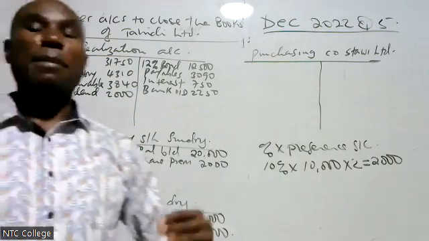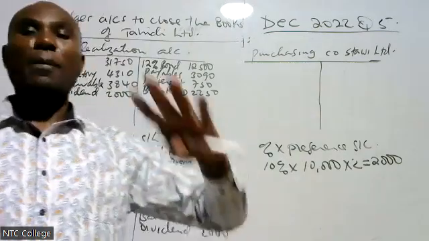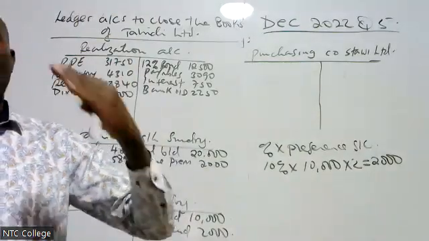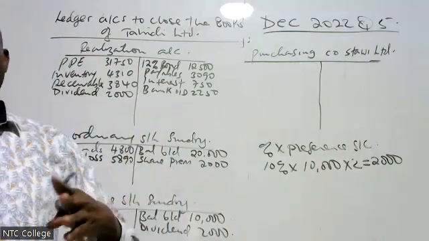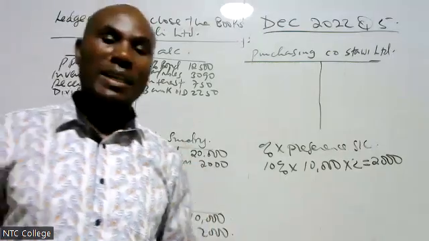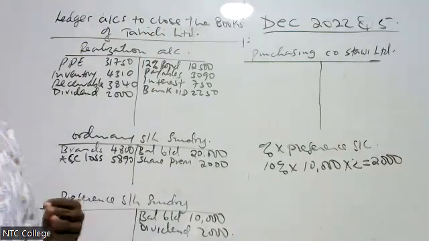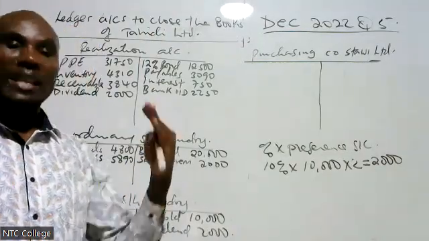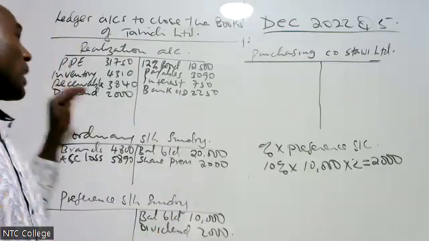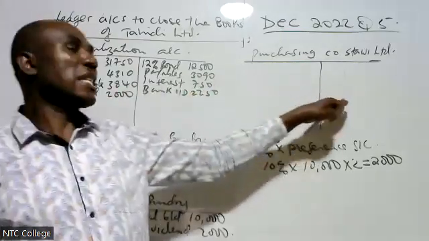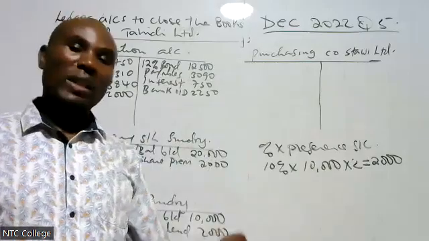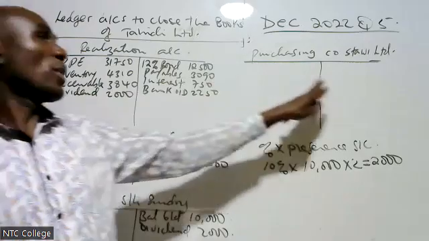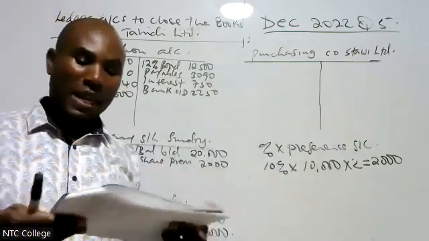Then we go to note number 7 in our journal entries. I'm using those journal entries because they are the ones that will help you understand this question, the procedure very well, if you use those journal entries. Note number 7, we said, with the liquidation expenses, you debit realization, you credit purchasing company account.